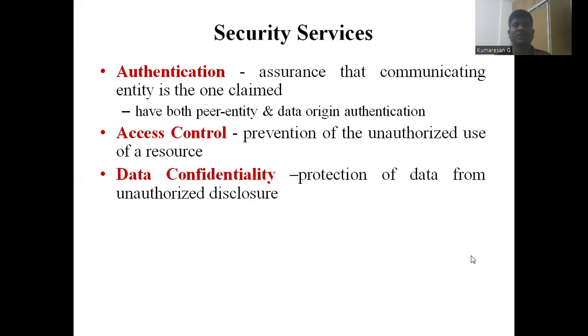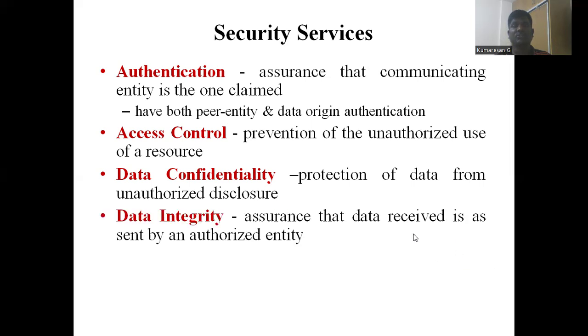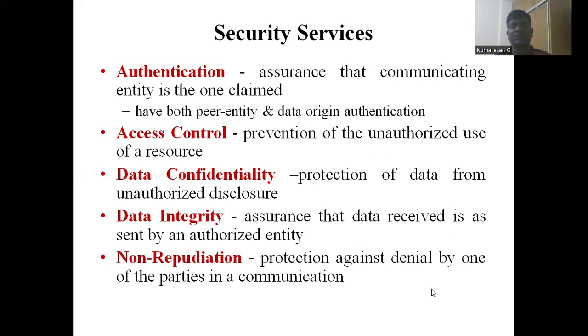And what about the third one, data confidentiality? We already discussed it. We must protect data from unauthorized disclosure. And data integrity, we already discussed. Suppose I want to send 500 rupees, the same amount must be received by the opposite side. And non-repudiation.